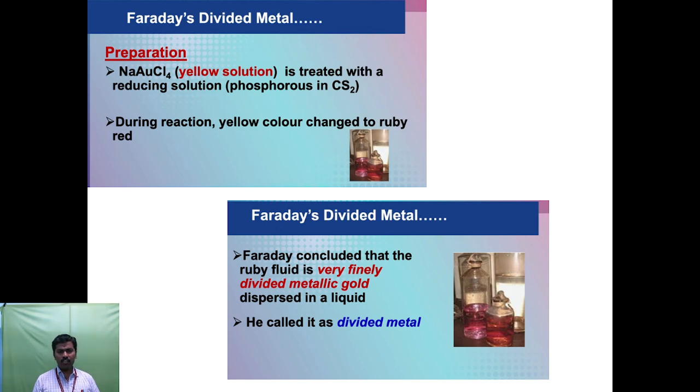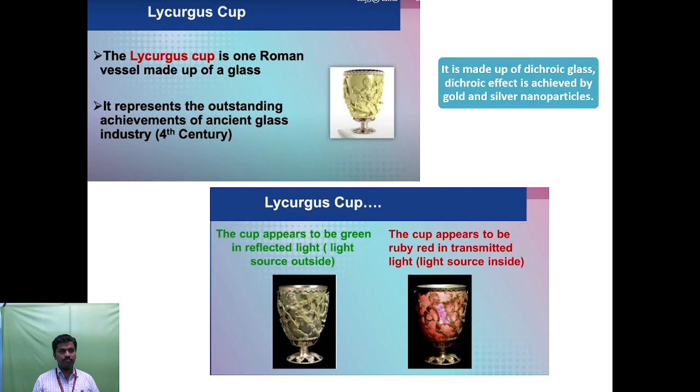During the reaction, the yellow color changes into ruby red color. So Faraday concluded that the ruby fluid is very finely divided metallic gold dispersed in a liquid. He called it divided metal. This metal is called Faraday's divided metal.